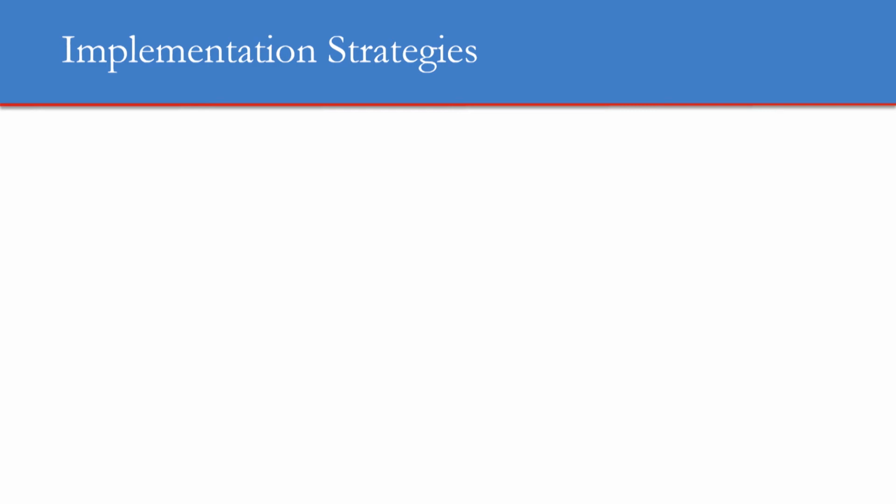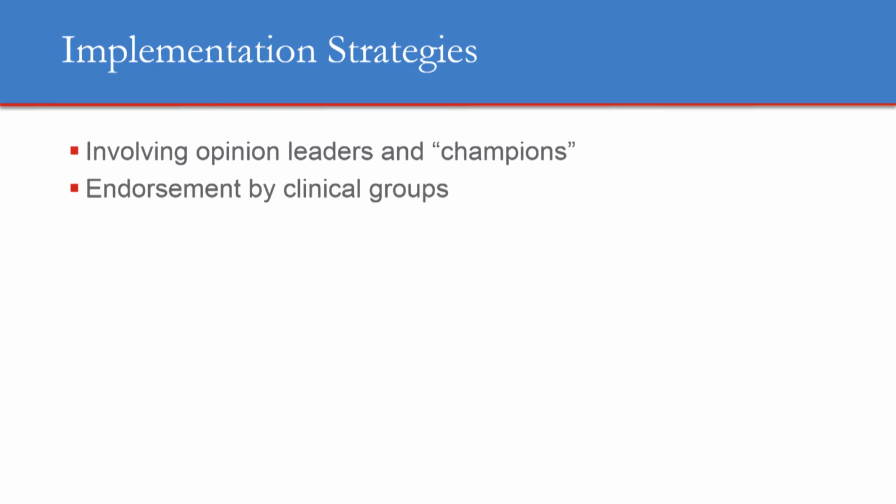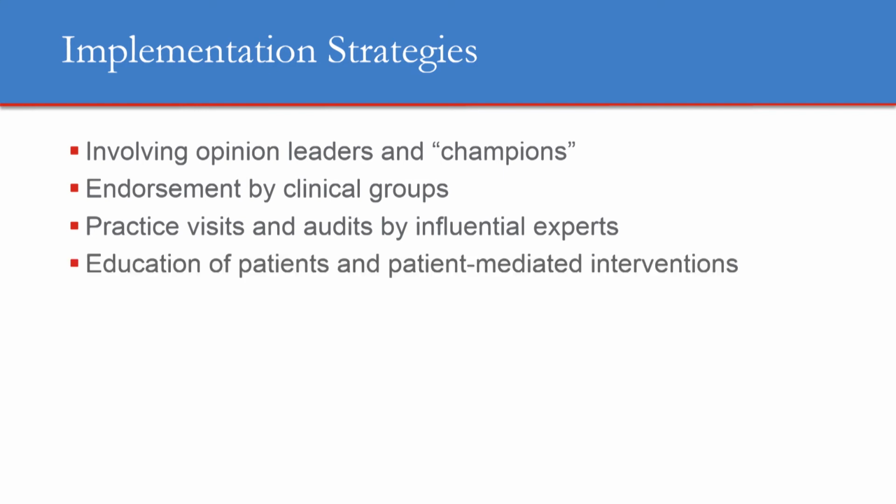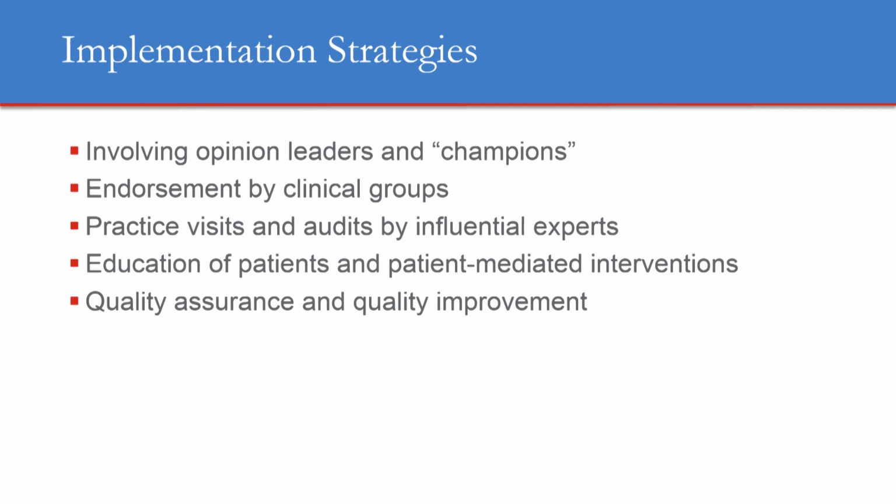Some of the strategies to change clinicians' behavior or health outcomes include involving opinion leaders and champions, endorsement by clinical groups, practice visits and audits by influential experts, education of patients, providing patients with information that can raise their expectation and can increase their demand on clinicians to improve performance, quality improvement activities to promote the implementation of the guidelines, and use of incentives.